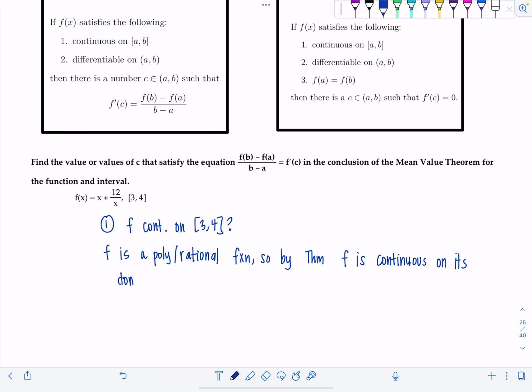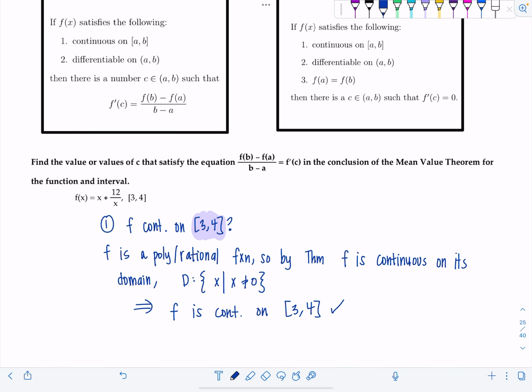What's its domain? Certainly not all real numbers. 12 over x, x cannot be 0. So the domain is x such that x isn't equal to 0. Well, 3 to 4 does not contain 0, so we're good. So this tells us f is continuous on 3 to 4.